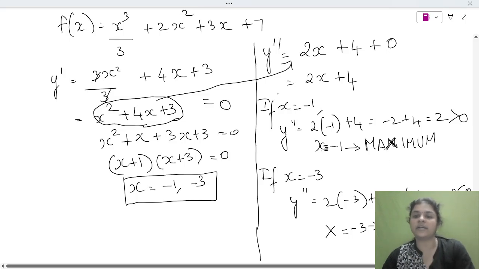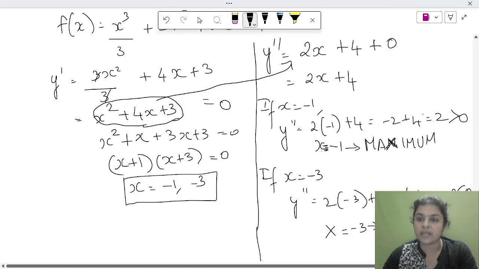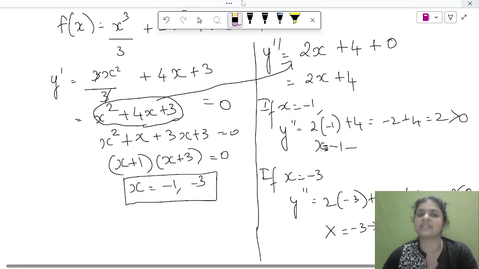No, I think you have written it opposite. Hold on, sure. This is greater than 0, so this is minimum. Greater than 0 means it is minimum. Less than 0 means maximum.